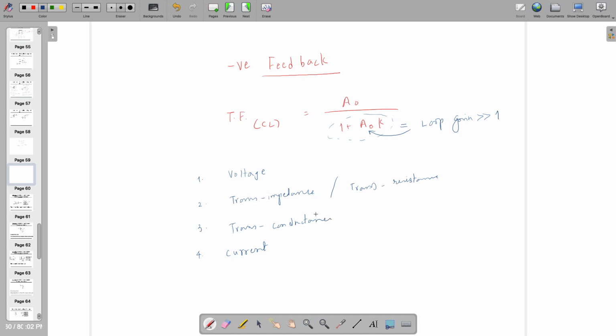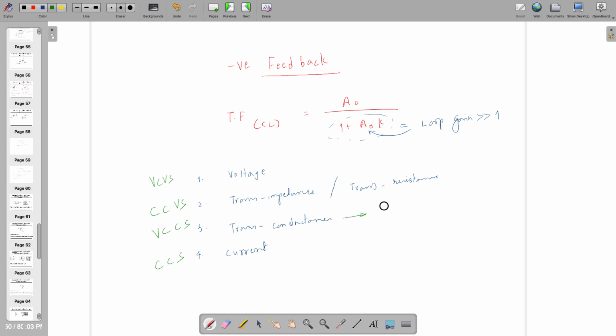Separately, this is a voltage controlled voltage source, and this is a current controlled current source. This is the current controlled voltage source, and this is the voltage controlled current source, right? That's how it becomes transconductance.